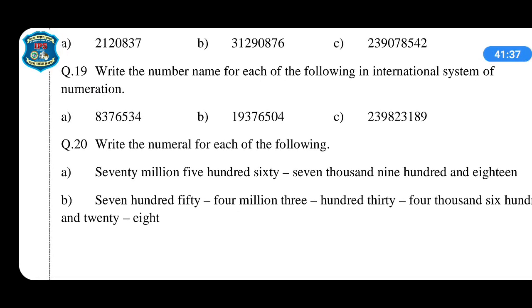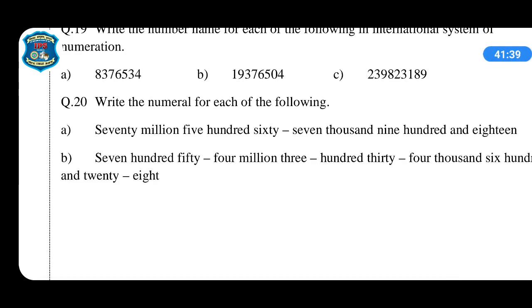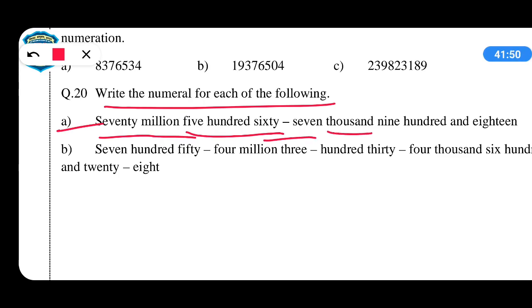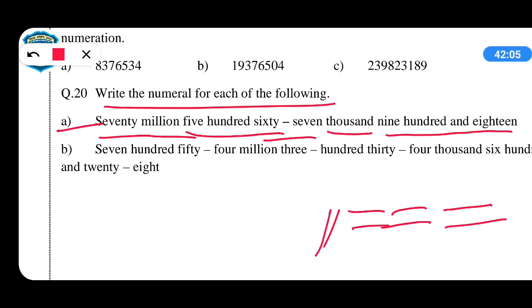And the last question is, a number name is given here for a numeral: 70,567,918. So you have to write the numeral for the given number. So first you have to put the places, like this: ones, tens, hundred, then comma, then thousand, 10,000, 100,000, then comma, and million, 10 million, 100 million, right?